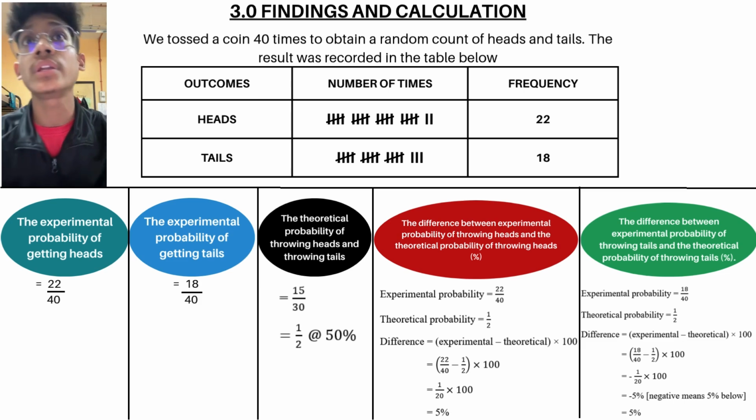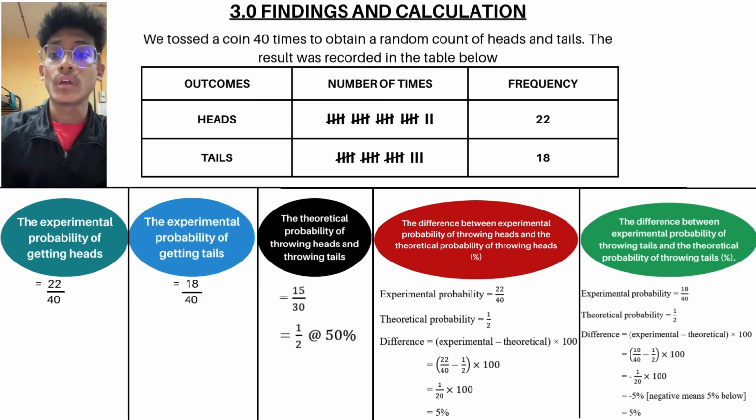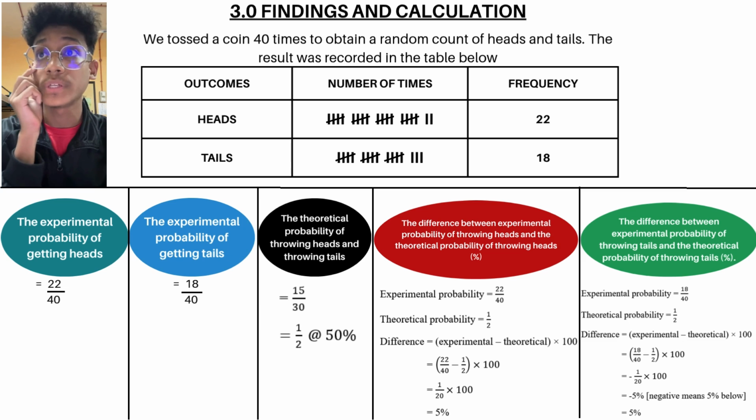3.0 Findings and calculation. After 40 tosses, the results were heads appeared 22 times and tails appeared 80 times. We calculate the experimental probability.